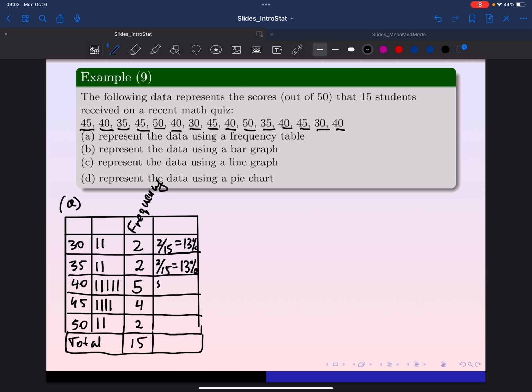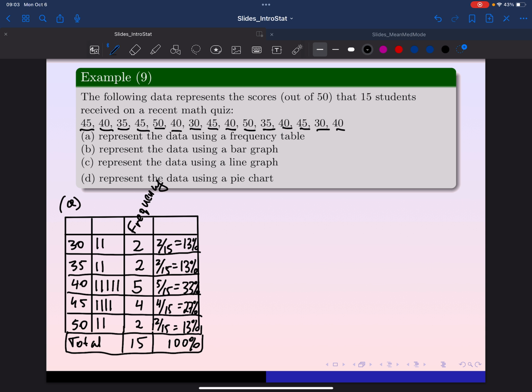And 5 out of 15 gives me 33%. Then 4 out of 15 gives me 27%, and then another 2 out of 15, that's 13%. Total should add up to 100% as we keep rounding.